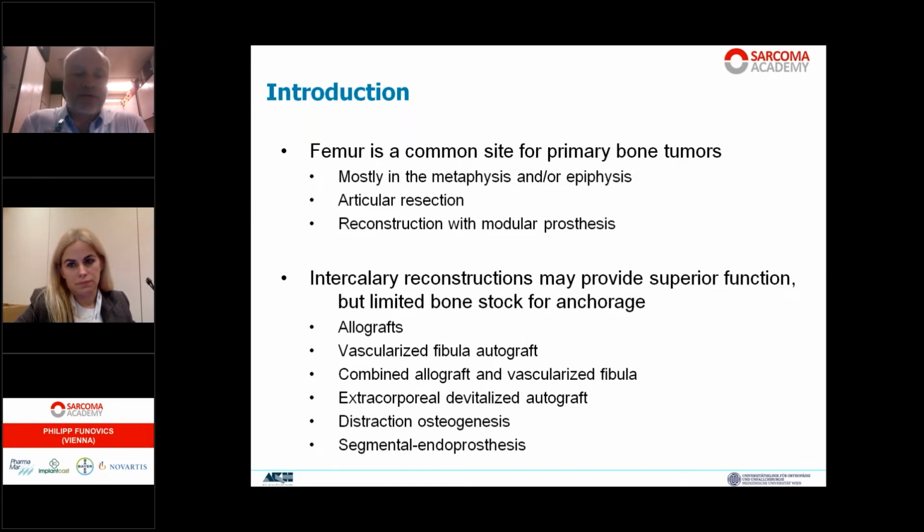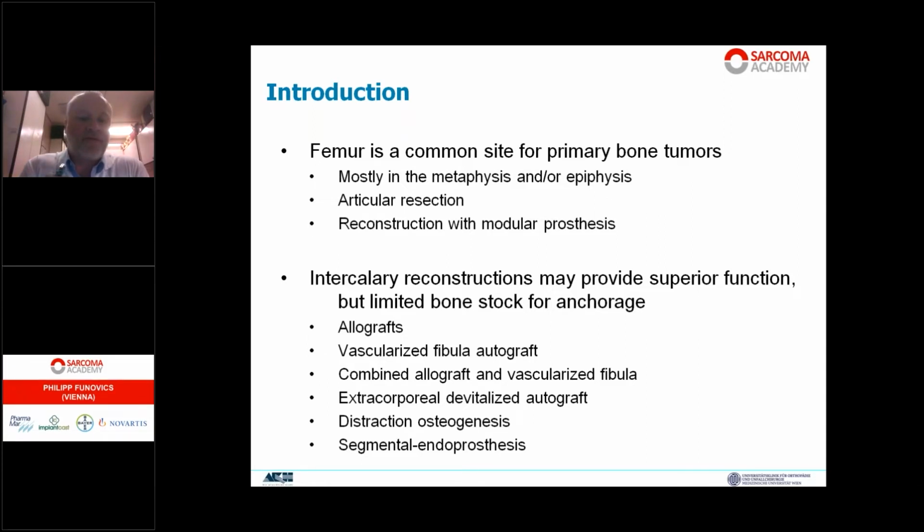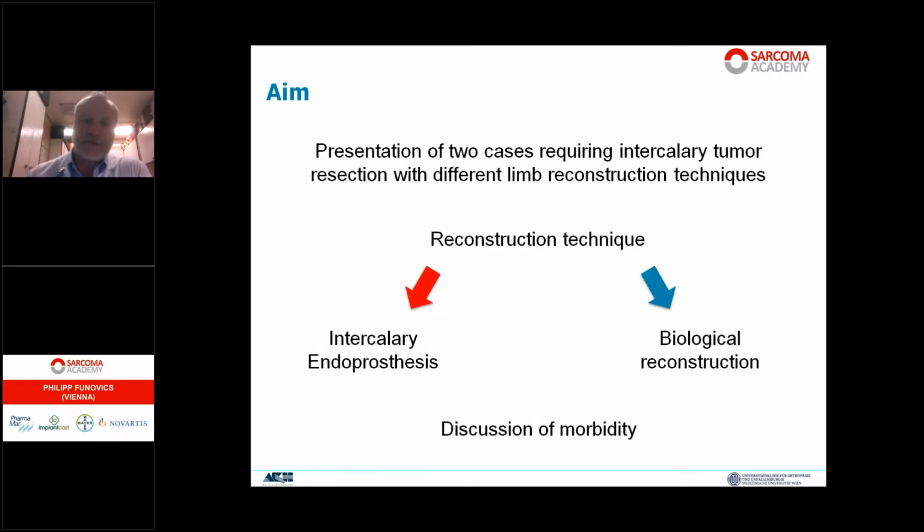There are several modes of reconstruction: allografts have been described, vascularized fibular autografts, a combination of allograft and vascularized fibular or extracorporeal devitalized autografts, maybe also together with vascularized fibular distraction osteogenesis, and of course segmental intercalary endoprosthesis.